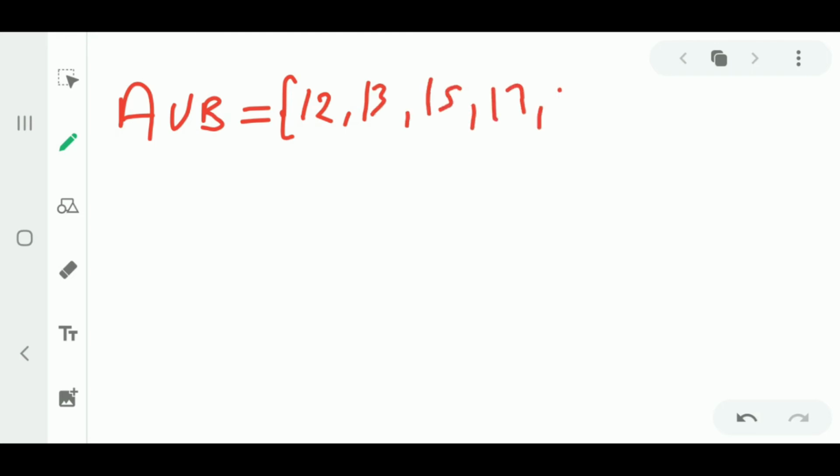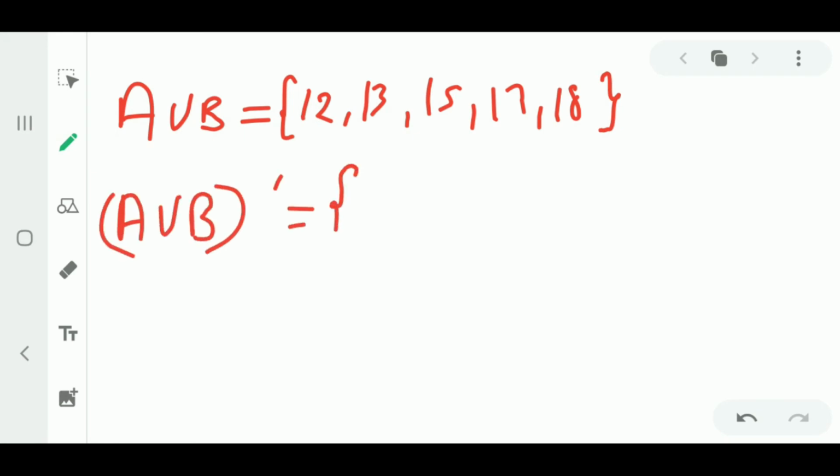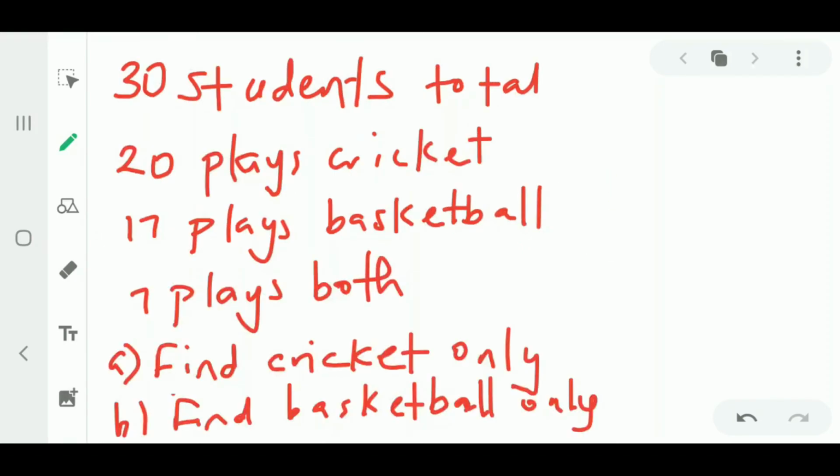So this means that A union B would be equal to 12, 13, 15. And A union B complement will be equal to everything that is not within this, which will be 11, 14, and 16.